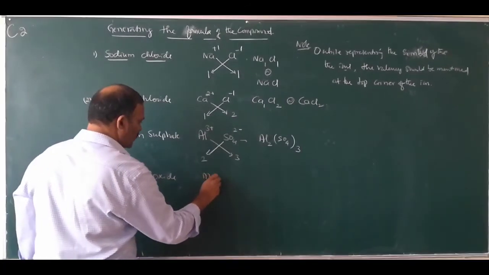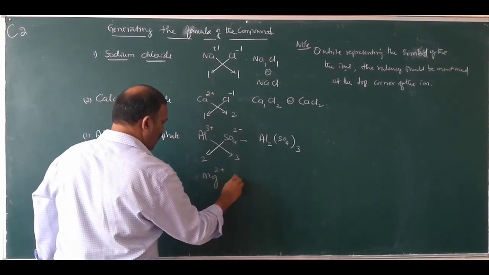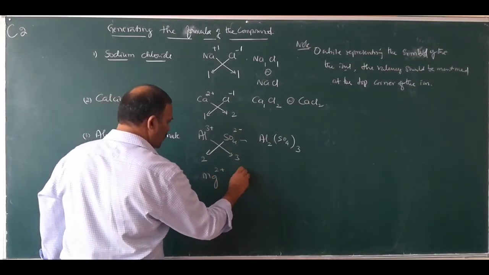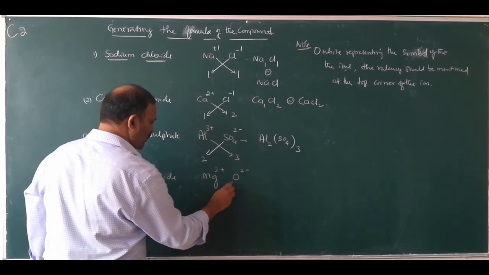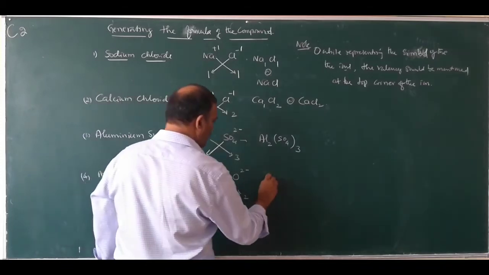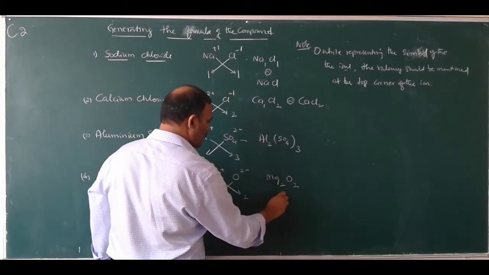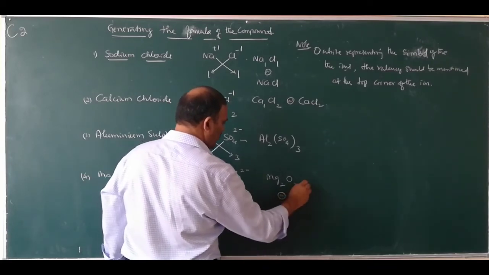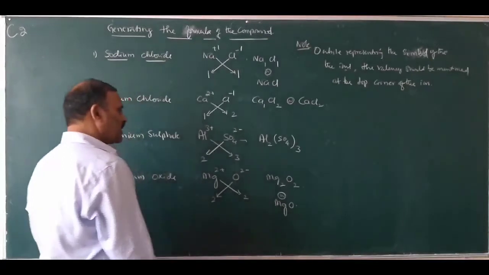Mg2+, and oxide is O2-. So here you have to write 2, and here you have to write 2. So what should be the formula? Mg2O2, or you have to write simply MgO.